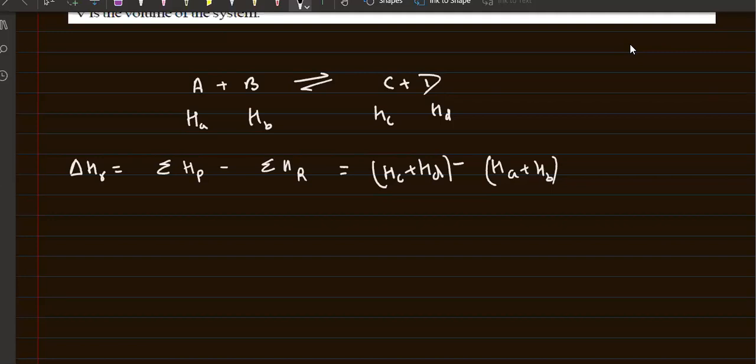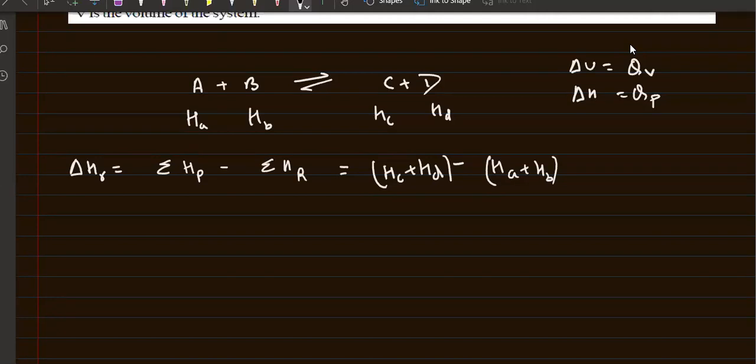We know that delta U and delta H are actually Q. Depending on the condition, delta U is Q at constant volume and delta H is Q at constant pressure. So basically we set up an apparatus known as a bomb calorimeter.